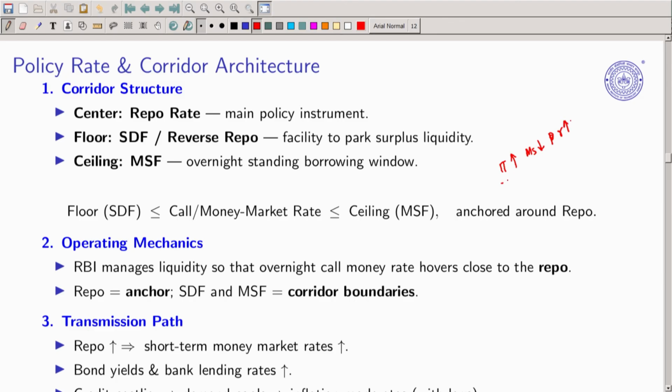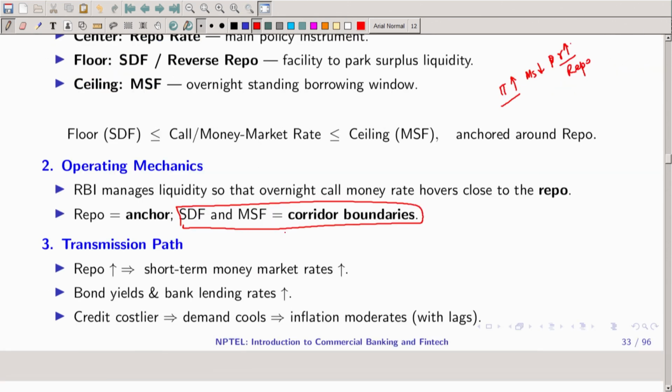So whenever inflation is rising, the rate of interest goes up, which means repo goes up, and as a result money supply comes down. SDF and MSF are the corridor boundaries, used in special cases because these are extreme values. Normally banks will deal with RBI at repo and reverse repo.